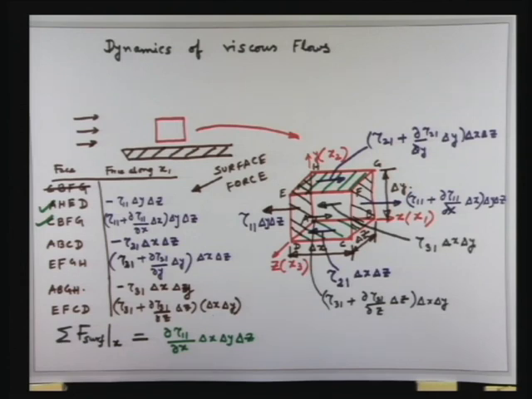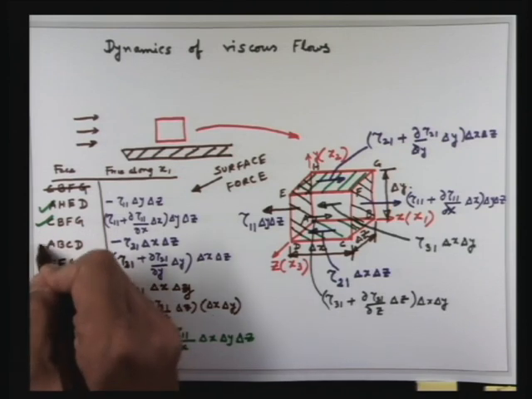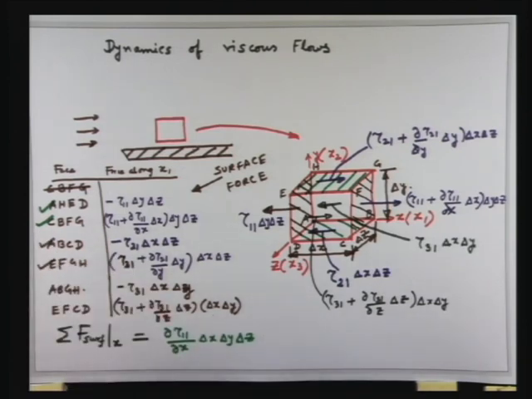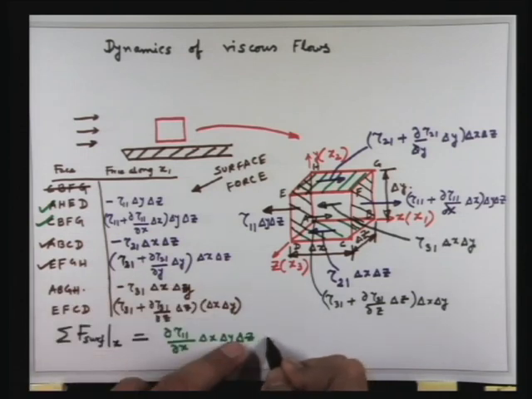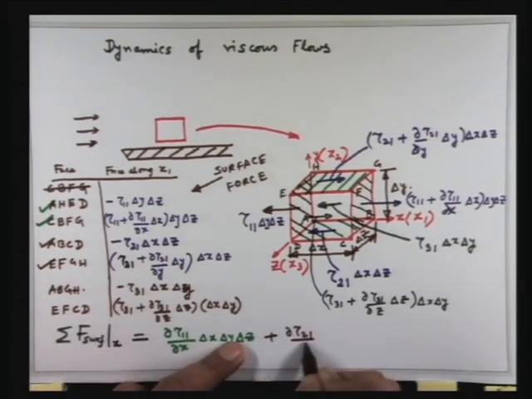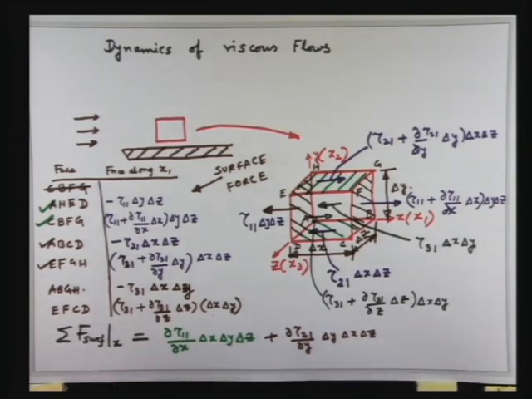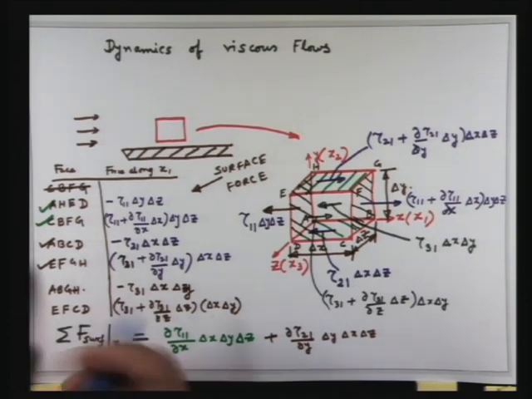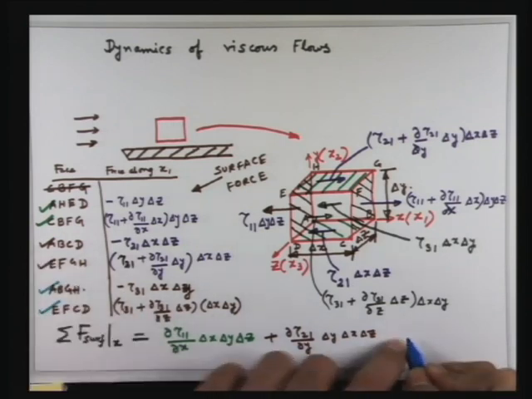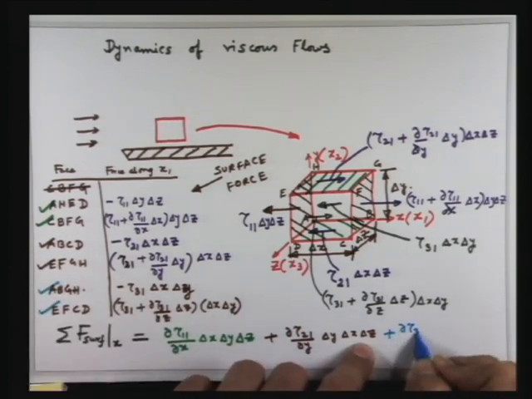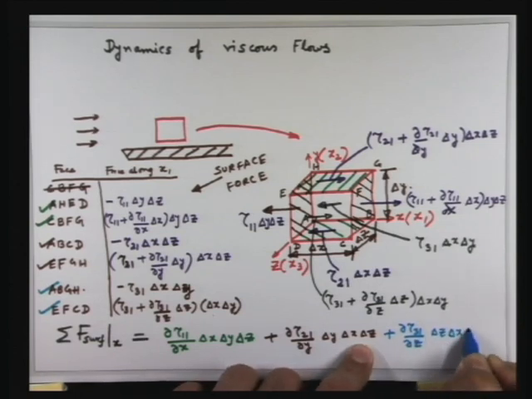Then let us consider these two. These two will lead to plus del tau 21 del y into delta y into delta x into delta z. And then we consider the final one, these two, plus del tau 31 del z into delta z, delta x, delta y.